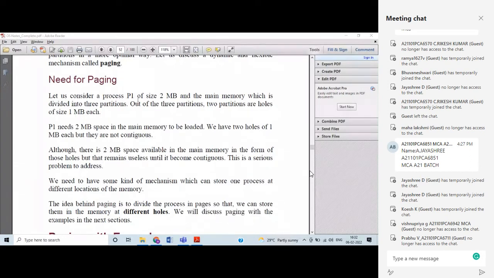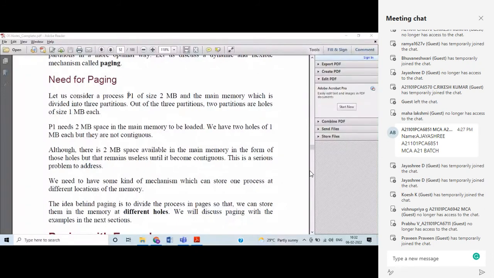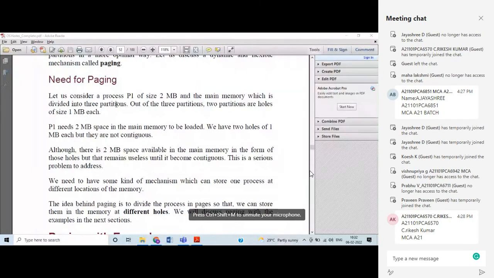So what is the concept here? We have one process P1 of size 2 MB, and one main memory divided into 3 partitions, each partition having a size of only 1 MB.